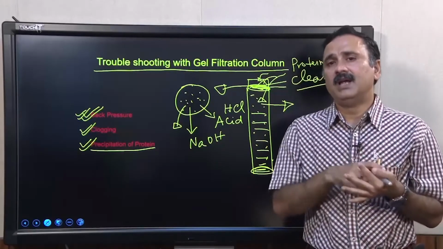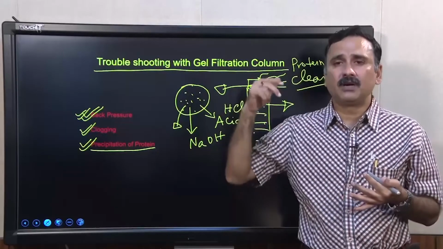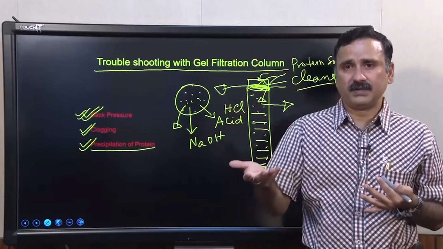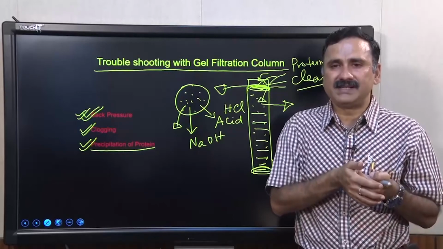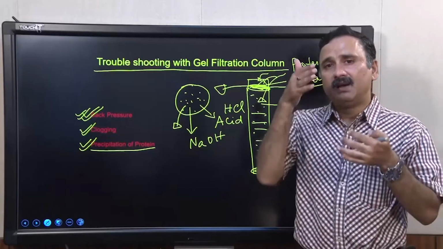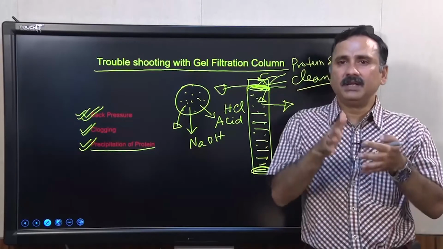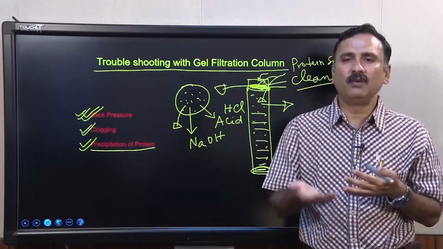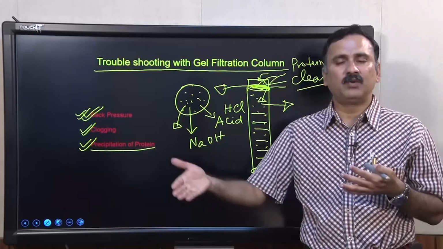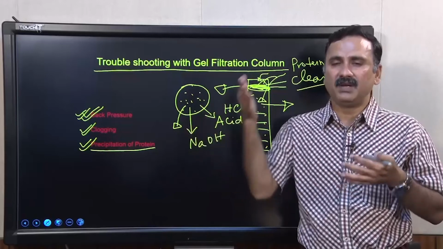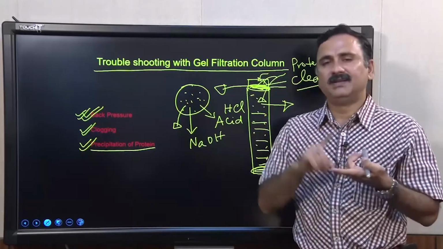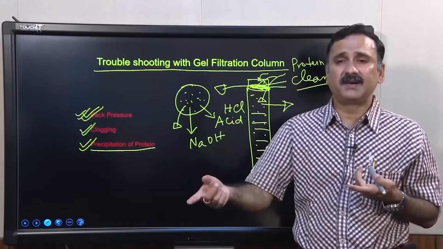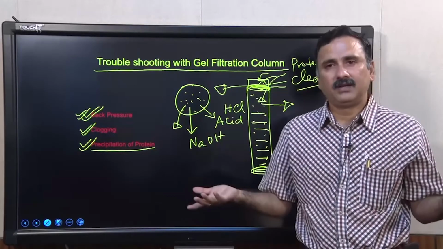The second issue is that it is going to bind to the pores, so it irreversibly gets stuck to some of the beads. If that happens, the column is no longer useful, because the protein is going to keep eluting from the column, irrespective of whether you have run it for 1 column volume or 2 column volumes. Also, because the protein got stuck in the beads, it is useless.